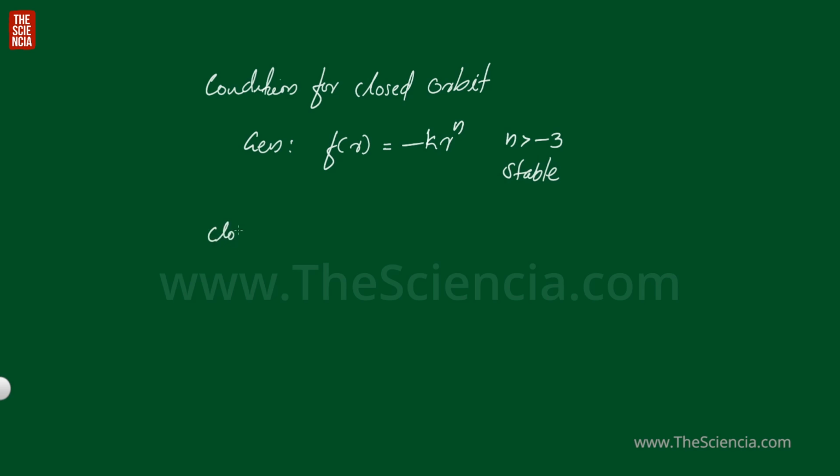And for closed orbits, the value of n should be equal to 1 or equal to minus 2. When n equals 1, the force corresponds to Hooke's law. And when n equals minus 2, the force is the gravitational force.